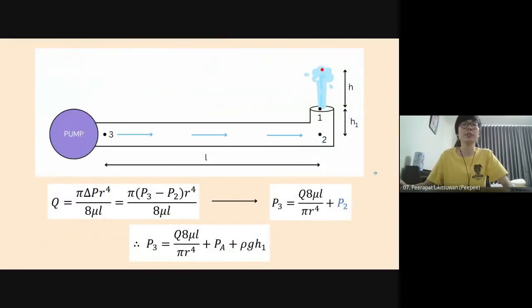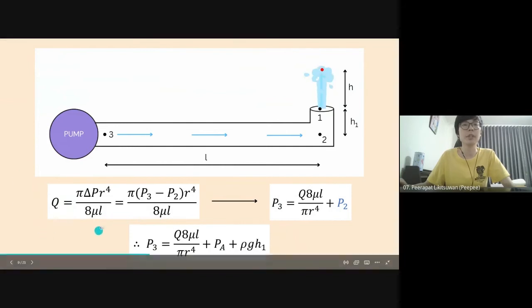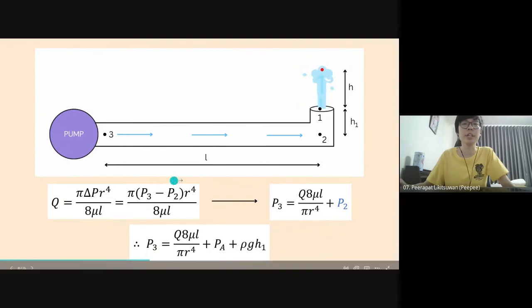So in order to find the pressure at point 3, we're going to use the Hagen-Poiseuille law. In the Hagen-Poiseuille law, the equation has the delta P, or the change in pressure between two points. So in this case, we will use P3 and P2.